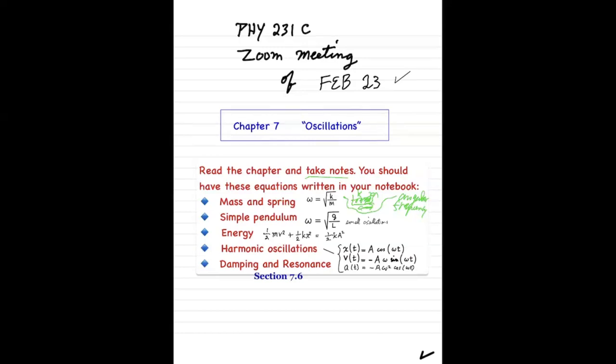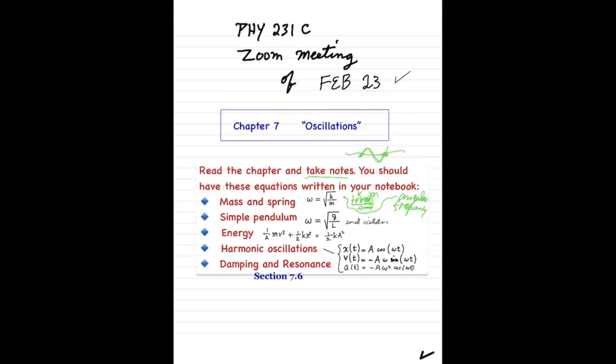So one cycle, one oscillation back and forth from here to here, back to here, would have a period equal to 1 over the frequency.